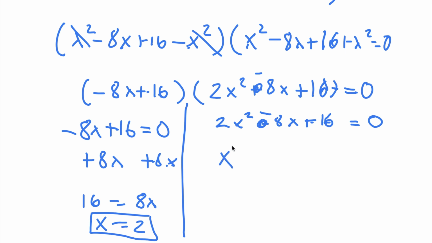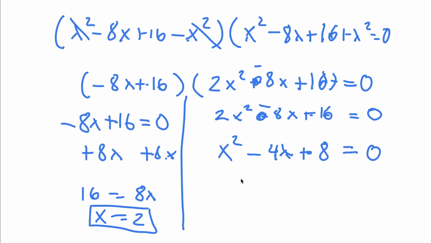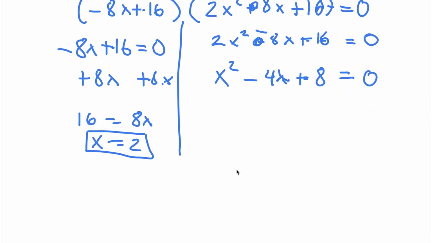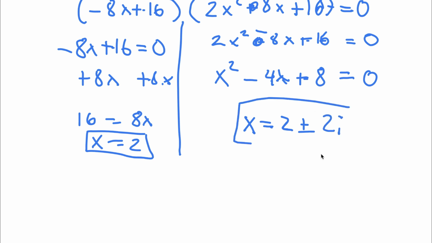First factor out 2, so I get x^2 − 4x + 8 = 0. To solve this, I need to use the quadratic formula, and I'm not going to waste your time doing that, but once you use the quadratic formula, you get that x = 2 ± 2i. So my three solutions are x = 2, x = 2 + 2i, and x = 2 − 2i.